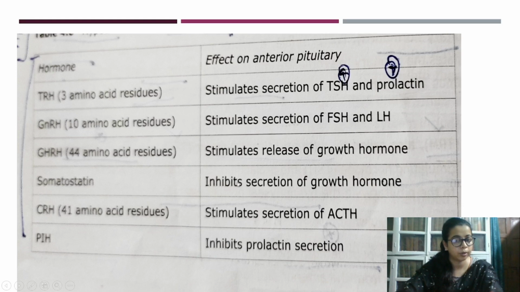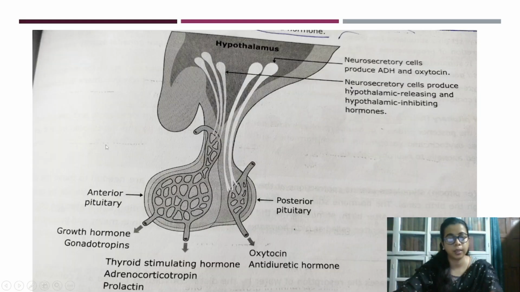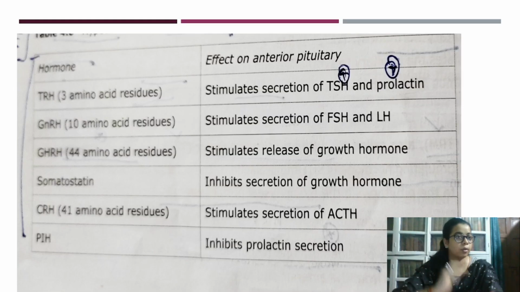There are two parts, anterior and posterior, and the major part of the hormones belong to the anterior, and only two, oxytocin and vasopressin, belong to the posterior pituitary, which we will be discussing in a later part of the video. But today we have focused mainly on what hormones are, the different types and classification of hormones, what the hypothalamus is, and the different hormones released from the hypothalamus.